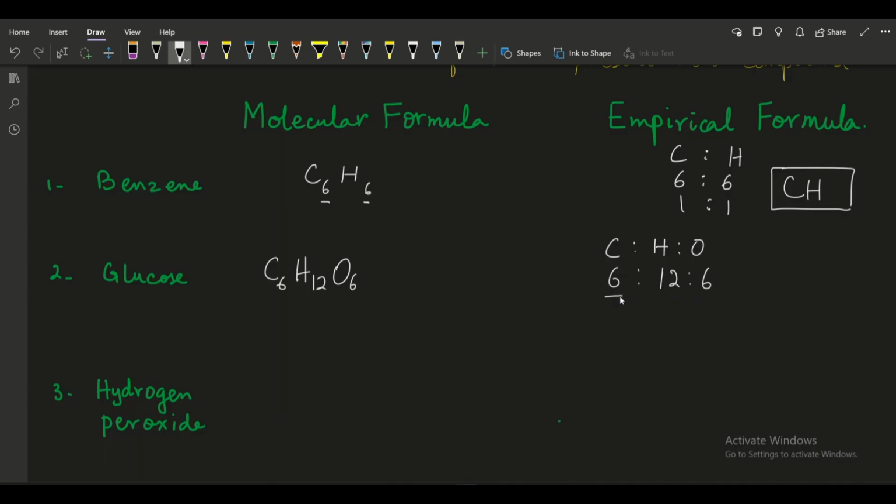For taking the simplest ratio, you have to divide with the smallest number. So the ratio would be 1:2:1. Then the empirical formula of glucose would be CH2O. That's the empirical formula for glucose.